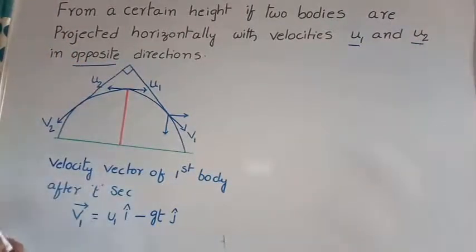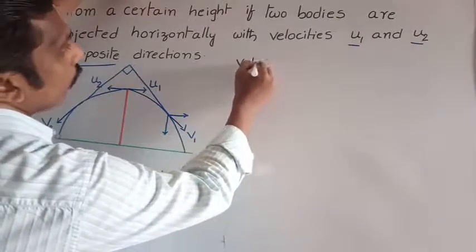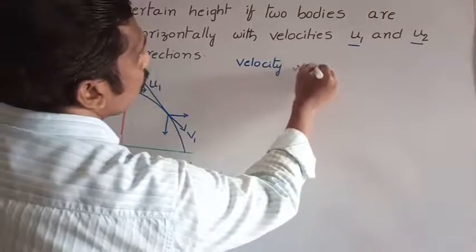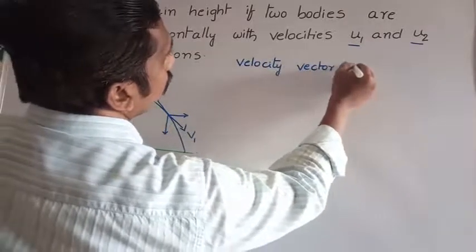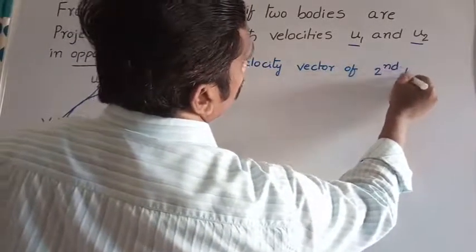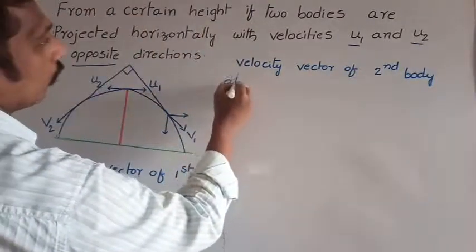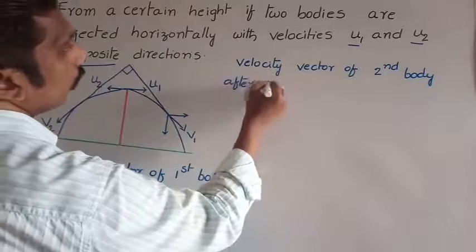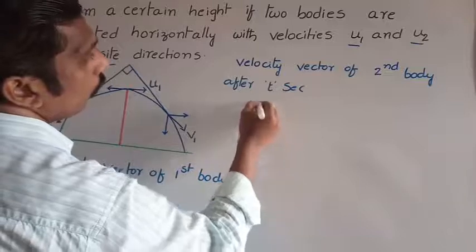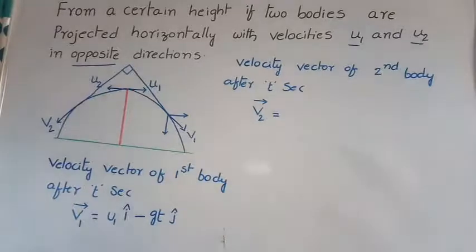Similarly, write the velocity vector of the second body after t seconds. V2 bar is equal to, here if you observe, its components act like this.